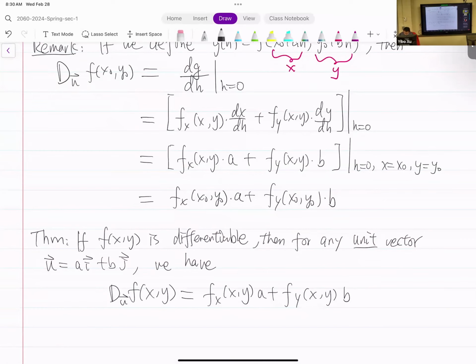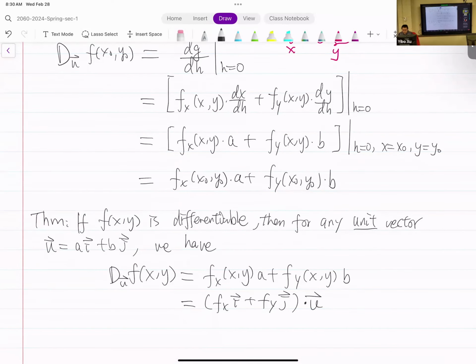But then we can rewrite it as the vector f sub x i plus f sub y j, dotted with u. Right?